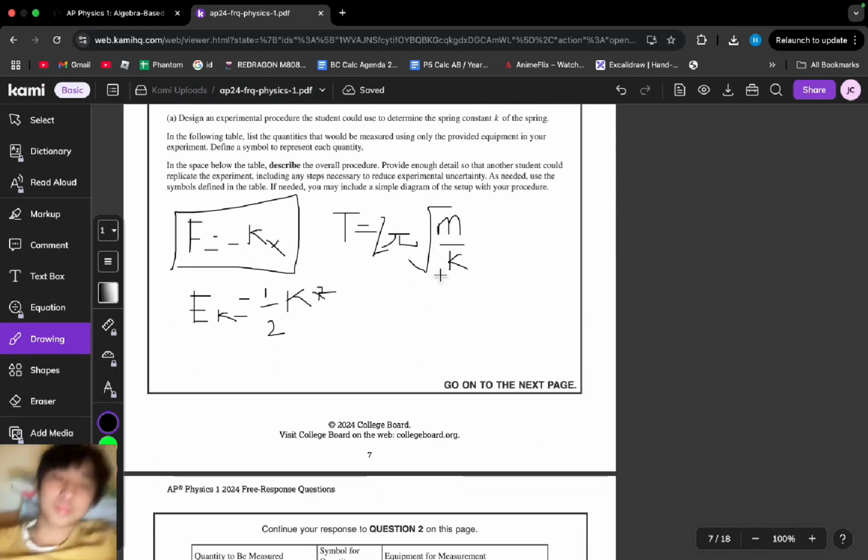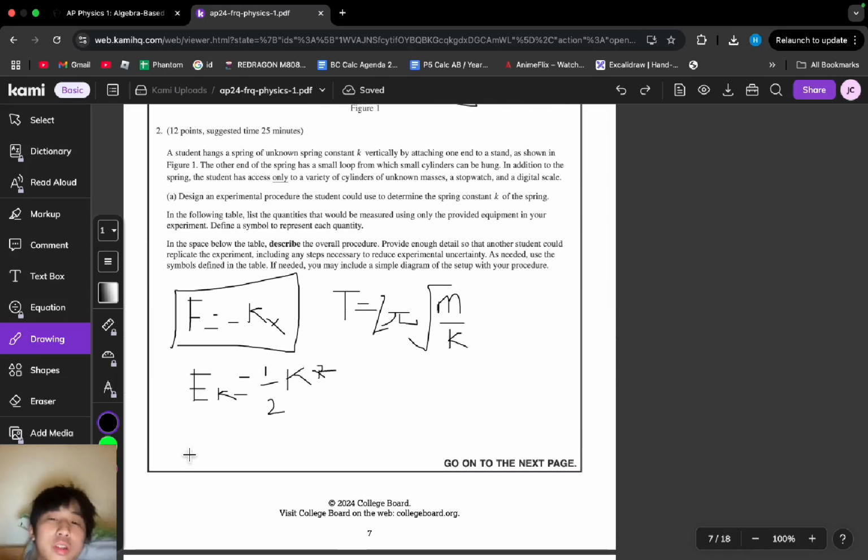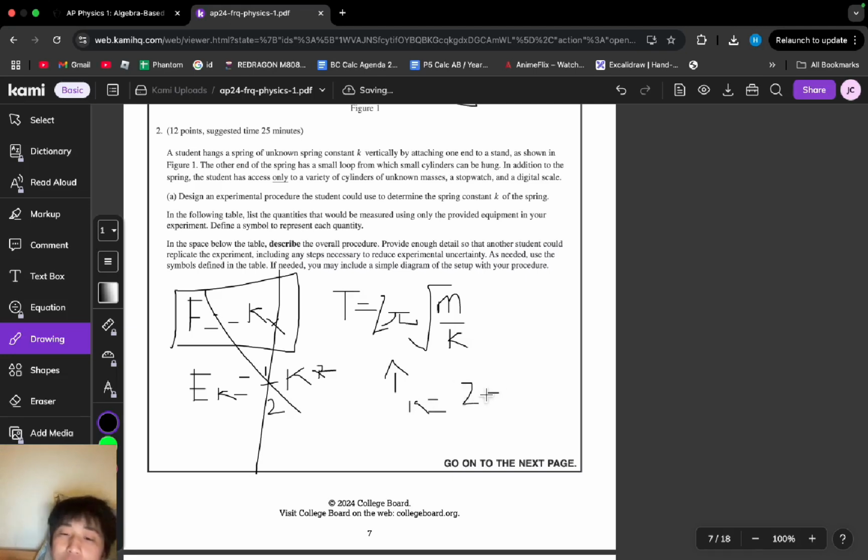So, before we start making a procedure, we need an equation for k to solve for, right? Of these three equations, two of them cannot be used because they involve x, and we need a ruler to calculate x. So we just use this equation, and if we solve for k, we get k equals 2 pi.